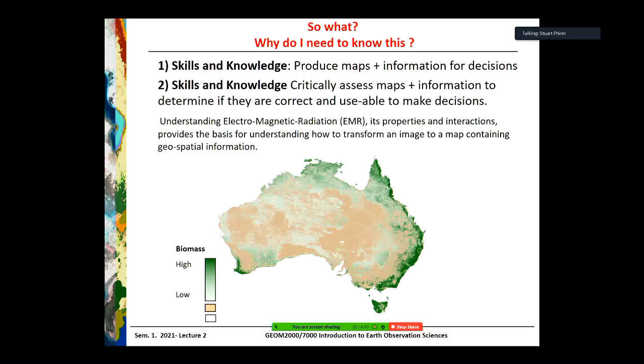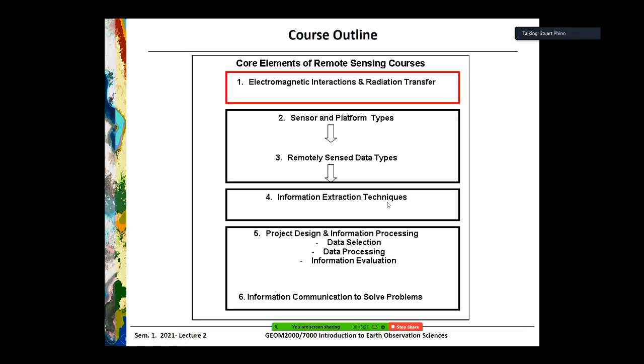And those models are built on understanding how electromagnetic radiation interacts with vegetation, setting up the model to run in each pixel, and then producing a map like that. And we'll come back to this example throughout the semester so you can see how it was actually built.